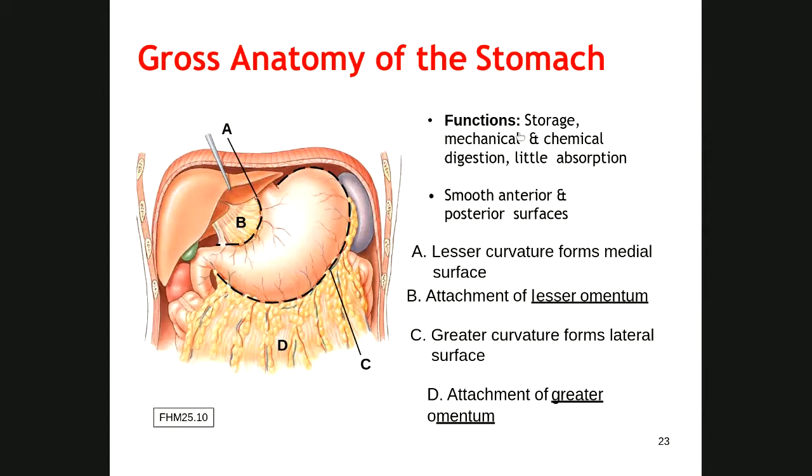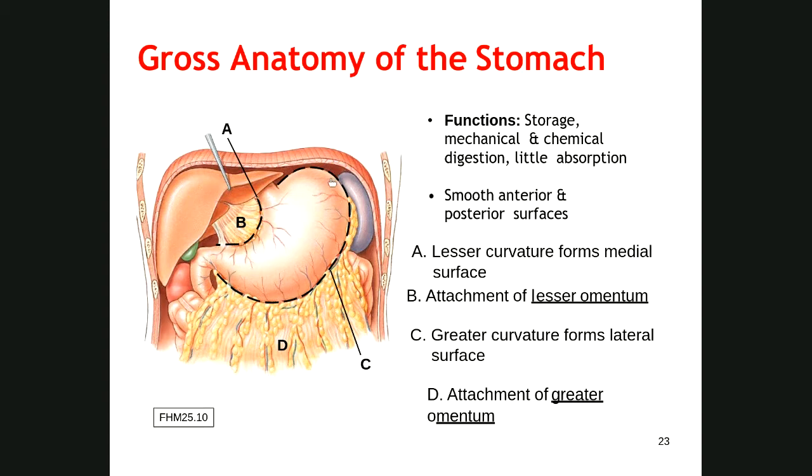And the stomach has smooth anterior and posterior surfaces. From the front and the back, it is very smooth. The fundus is here, I'm pointing to it. It is the rounded bulge of the stomach, which is in attachment with the diaphragm.